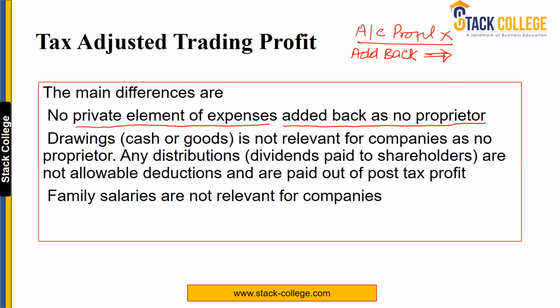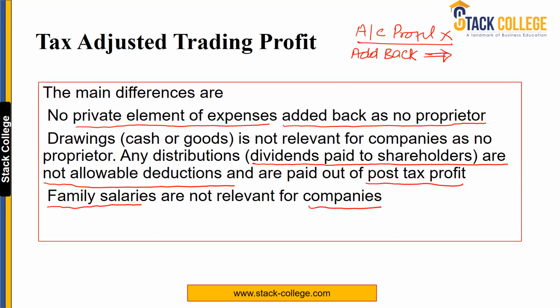Similarly, no drawings are relevant for companies as in the case of individuals. Now, what if dividend is paid to shareholders? Dividend paid to shareholders is not considered an expense for the corporation, and it is not deductible in arriving at the tax adjusted trading profit. Similarly, family salaries are not relevant for companies.